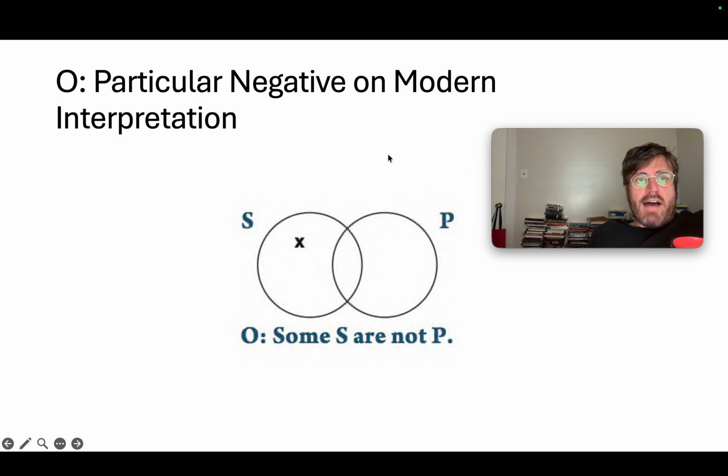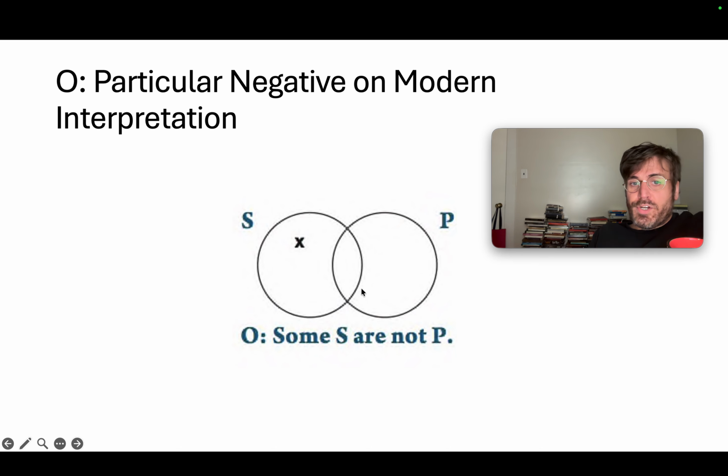Last but not least, we have our particular negative, our O proposition. To indicate the O proposition, we need an X in region 1. Why? The O proposition means some S are not P, so we know there is at least one member of the subject group, and the negative tells us that it is definitely not a member of the predicate group.